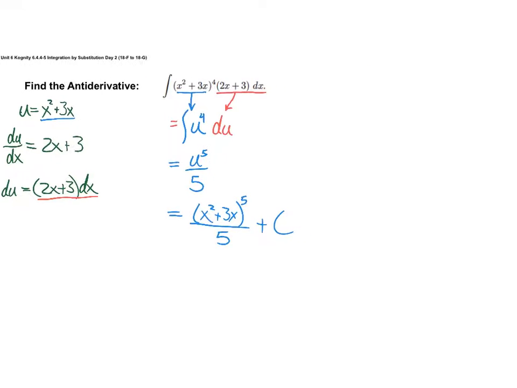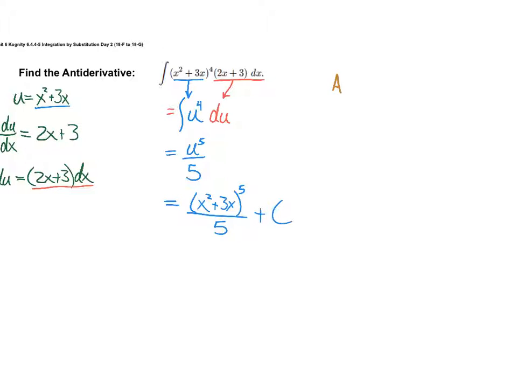Back when I had du is 2x plus 3 dx, if I actually solve for dx, watch this. dx is du over 2x plus 3. Sometimes what messes people up is they're wondering, where'd that 2x plus 3 go? Well, this is actually kind of what's happening.